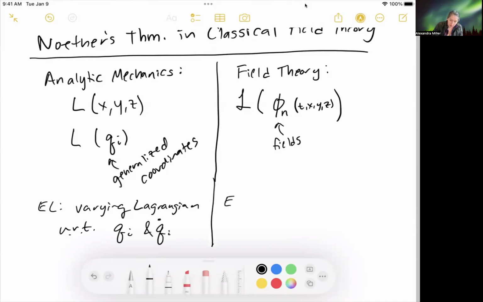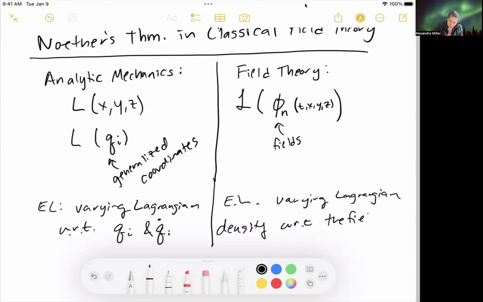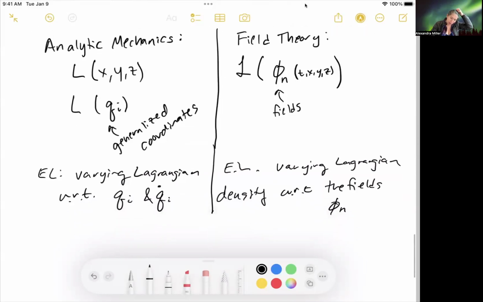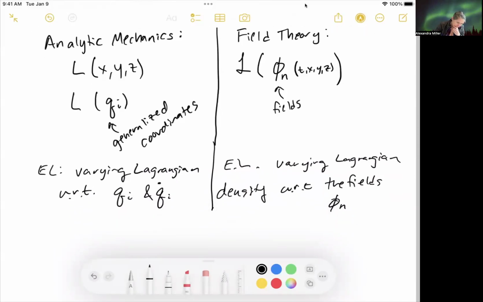In field theory, our Euler-Lagrange equations have us varying the Lagrangian density with respect to the fields phi sub n. All right, so I just want to start by reminding you of that sort of distinction.